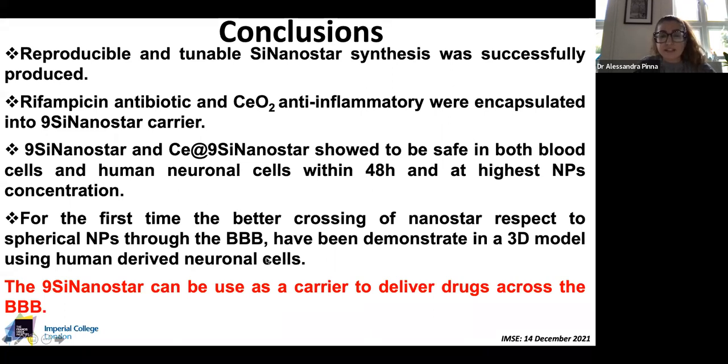And for the first time, we show that in the 3D model, the crossing of the star nanoparticles is better than the spherical ones. So there is the possibility to use this silica nanostar as a carrier to deliver not only antibiotic and anti-inflammatory drugs across the blood-brain barrier, but any drug that has activity inside the brain.